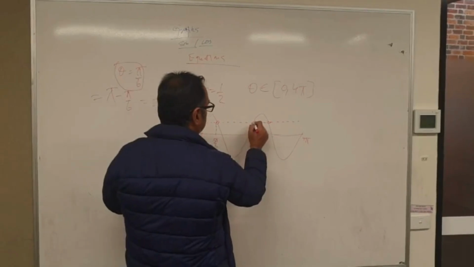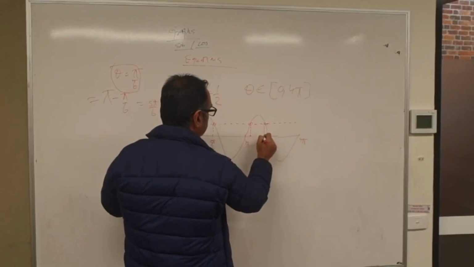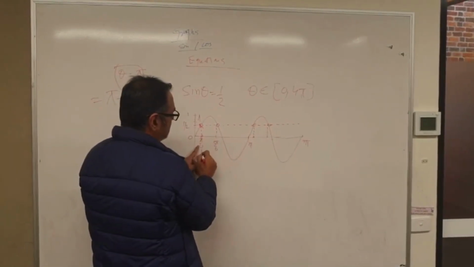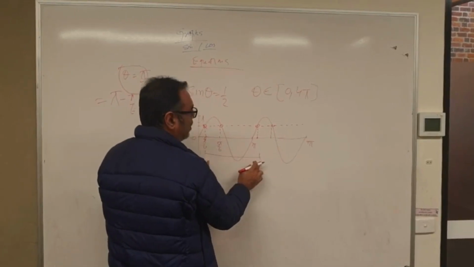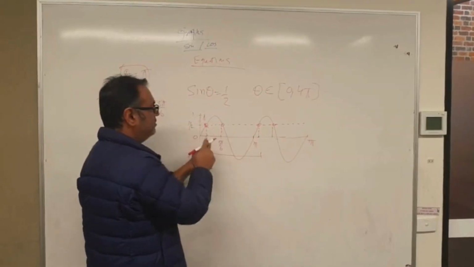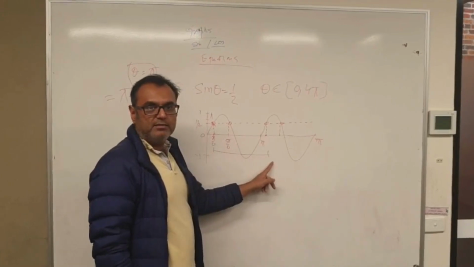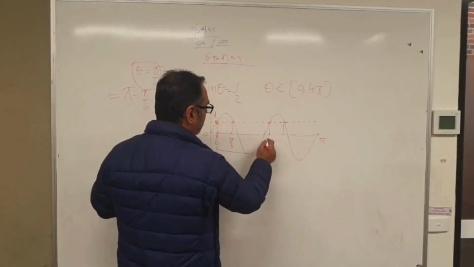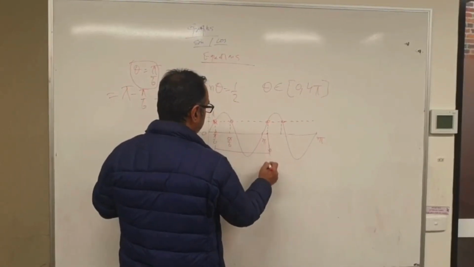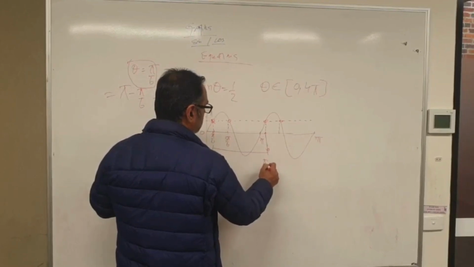Now, this value is exactly 2 pi away from this value because it's cyclic. So this value here must be pi over 6 plus 2 pi.